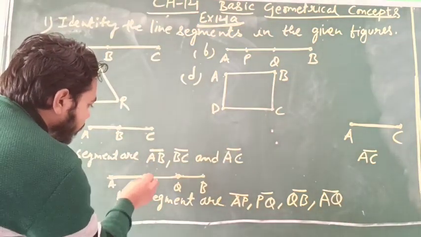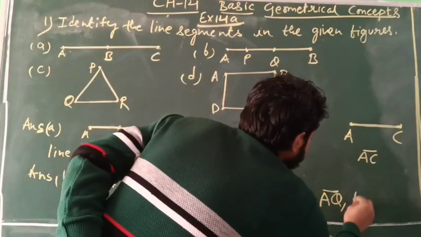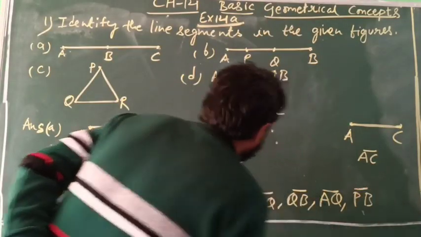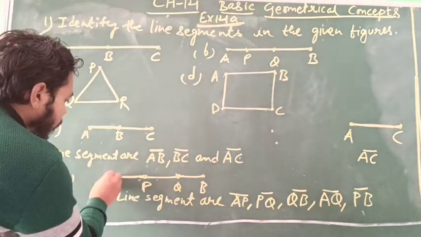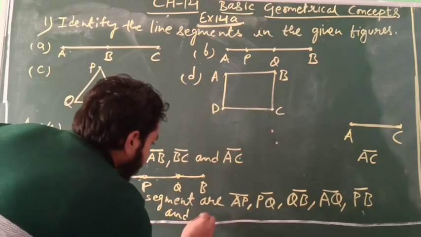And if we join P and point B, we get PB. And if we join point A and point B, we get AB.